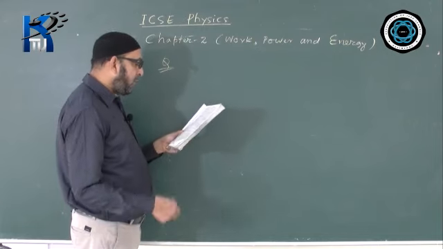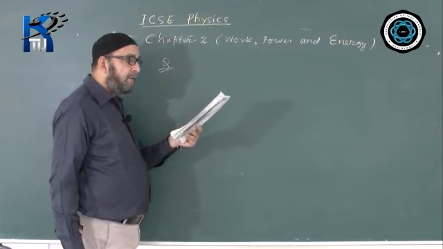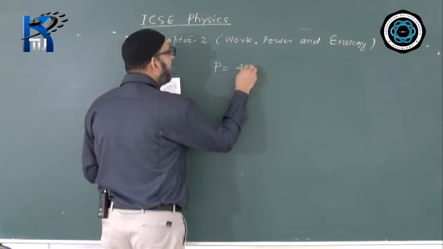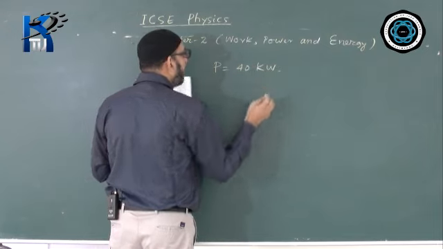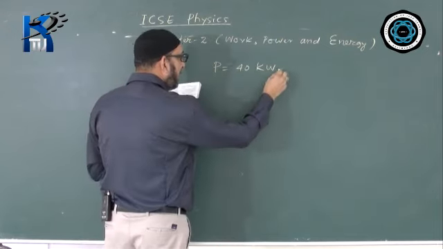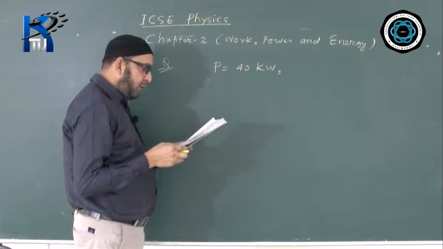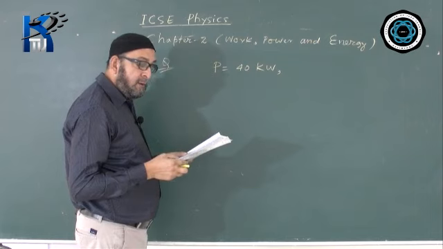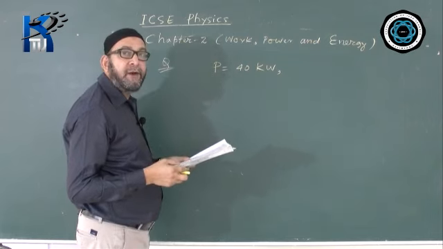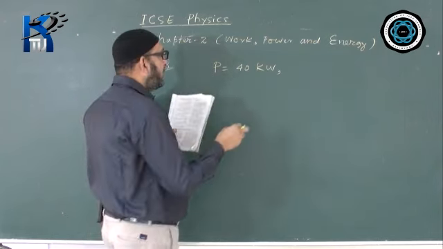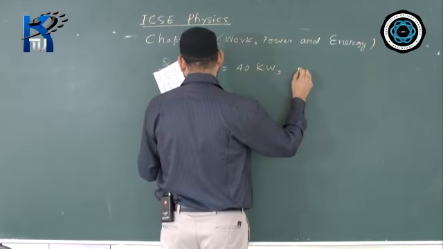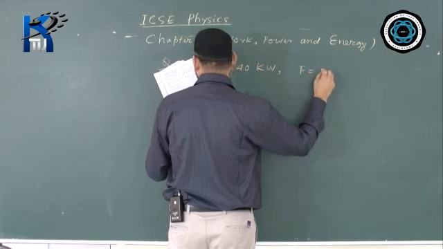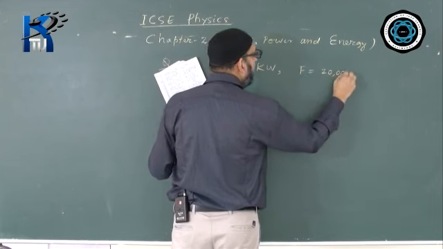Now I will be doing another question. It says the power of a motor is 40 kilowatt, and it is used to raise a load of 20,000 Newton with a certain speed. You have to find the value of that speed. So velocity is unknown, load means force is given, 20,000 Newton.